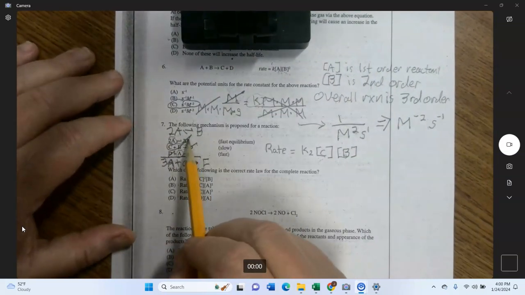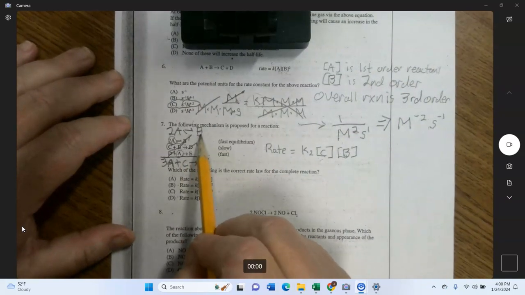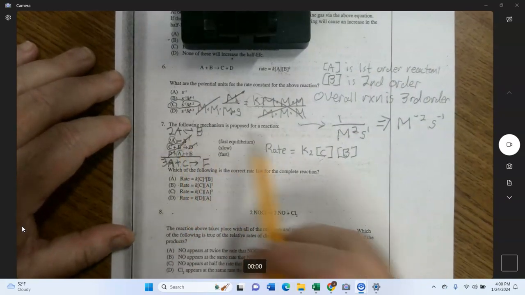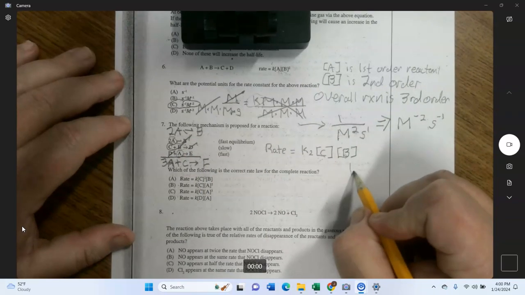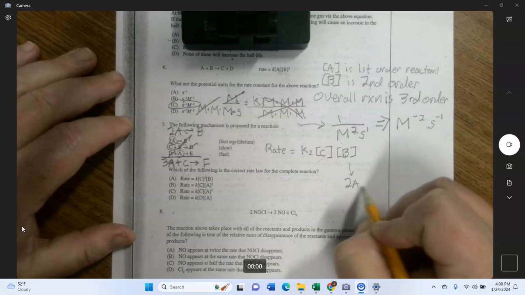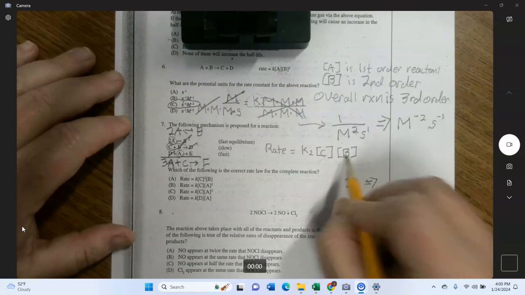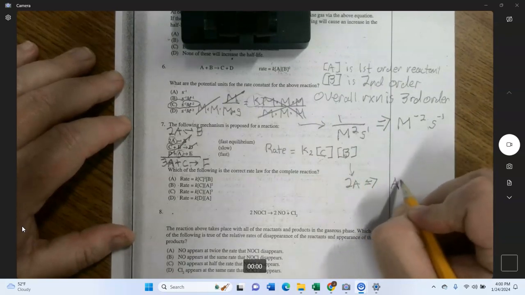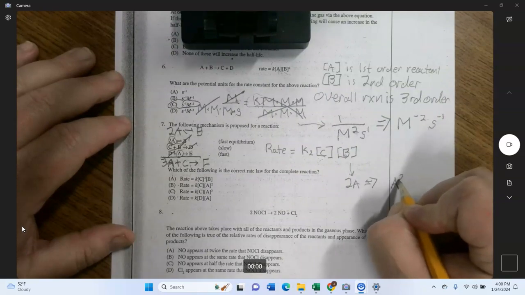Again, we can treat this arrow like an equal sign. So B equals 2A. So this B is going to be equal to 2A. And when we write that in the form of a rate law, it's going to be A squared. The coefficient becomes the exponent.